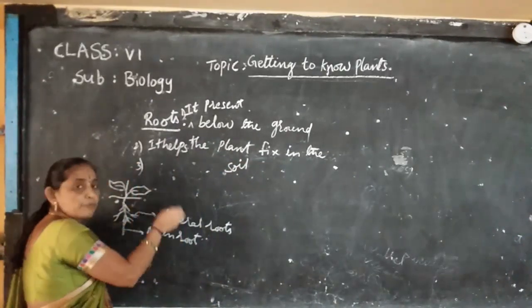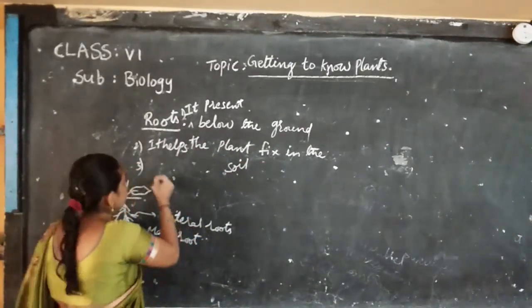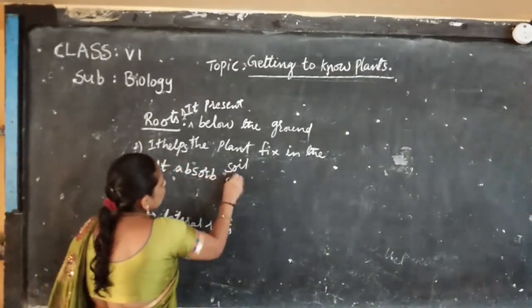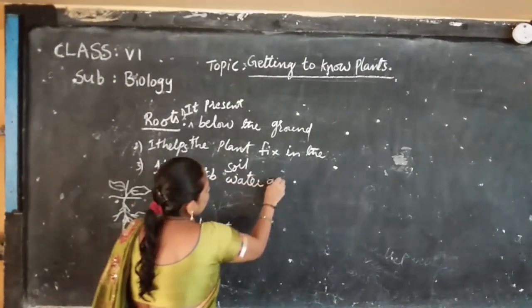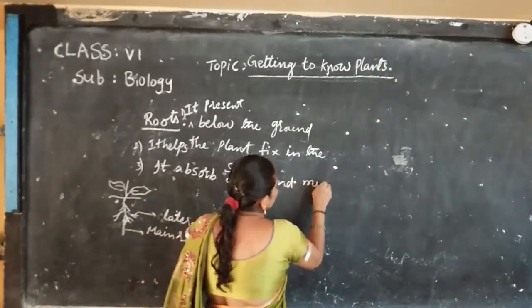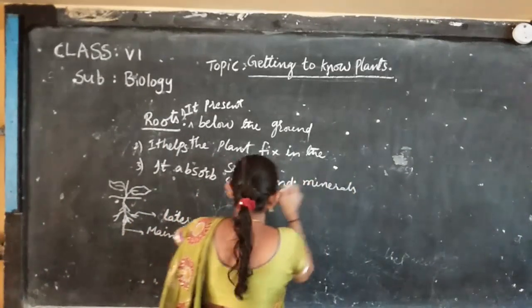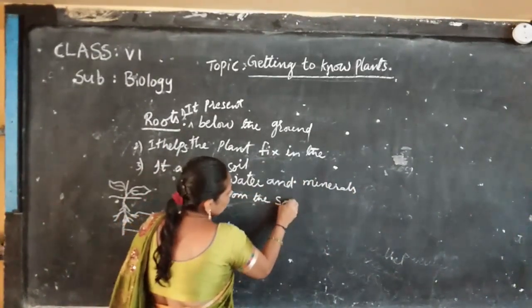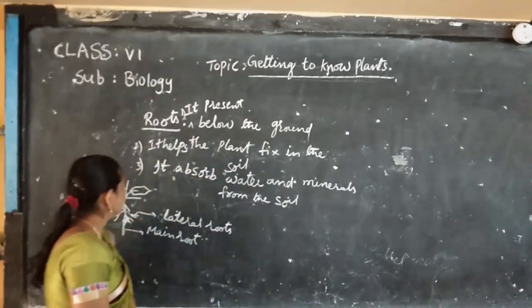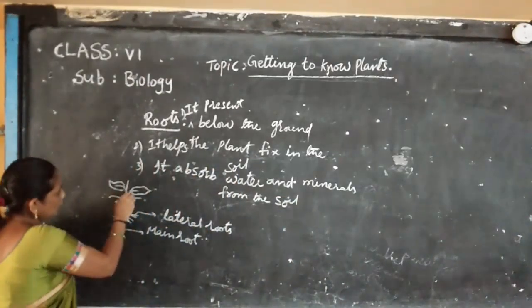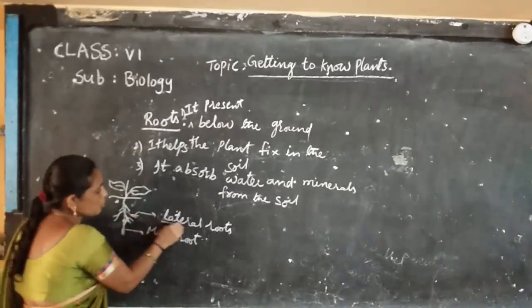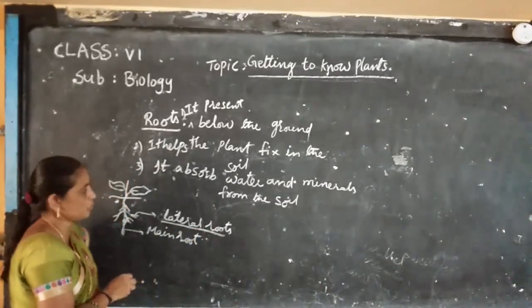And roots absorb water and minerals from the soil. From the main root arise small roots called lateral roots.